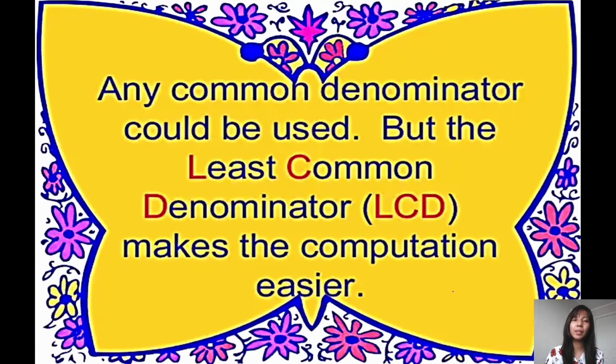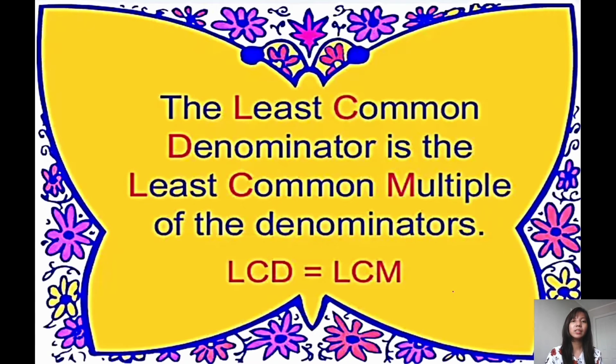Any common denominator could be used, but the least common denominator makes the computation easier. So the least common denominator is the least common multiple of the denominators. So it's just the same, okay? So I know you are already familiar with the LCM.